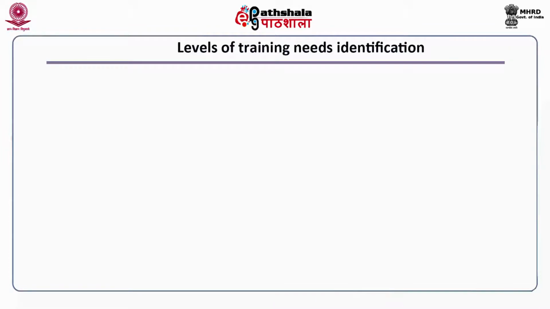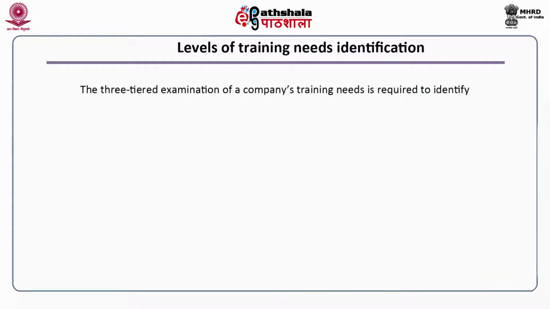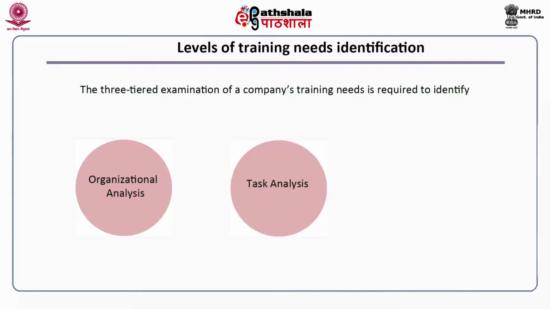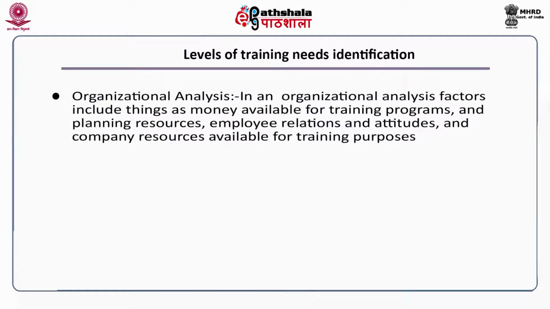Let us look at the levels of training need identification. A 3-tiered examination of a company's training need is required to identify: number 1, organizational analysis; 2, task analysis; 3rd, person analysis. Levels of training need identification as shown in the diagram. Let us discuss them. Organizational analysis.